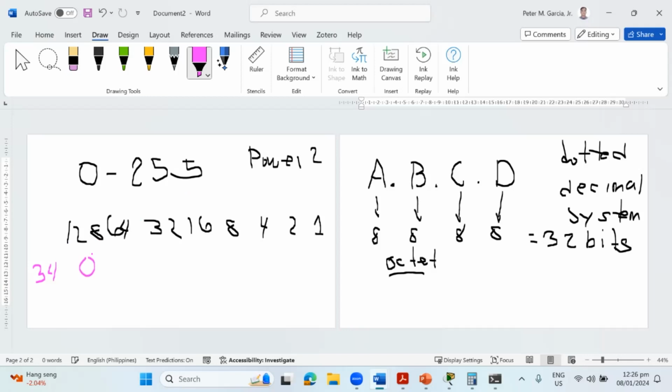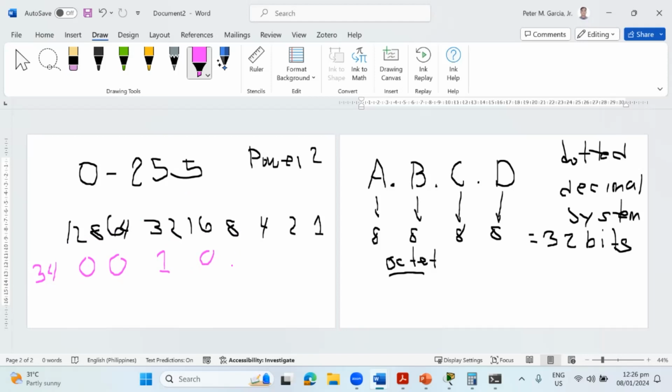So that is 0. 64 ba? Hindi pa rin pwede. That is 0. Si 32, 34 pwedeng gamitin. So pwede. So plot mo lang 1. 34, so 32 plus 16, sobra kasi 48. So nagawin ng 0. So 32 plus 8, 40, kailangan lang natin 34.